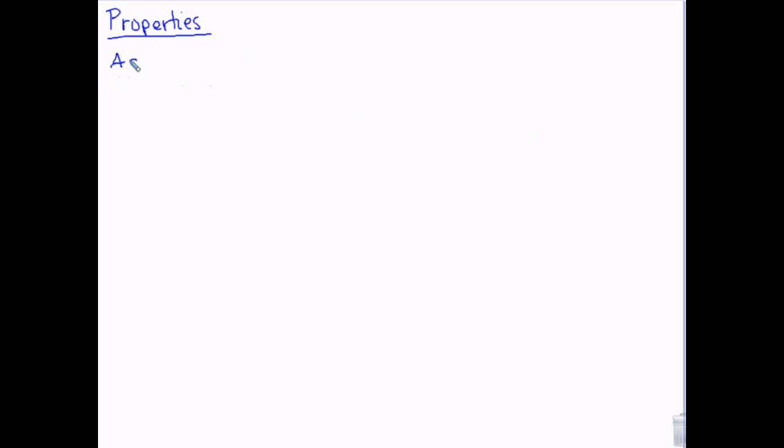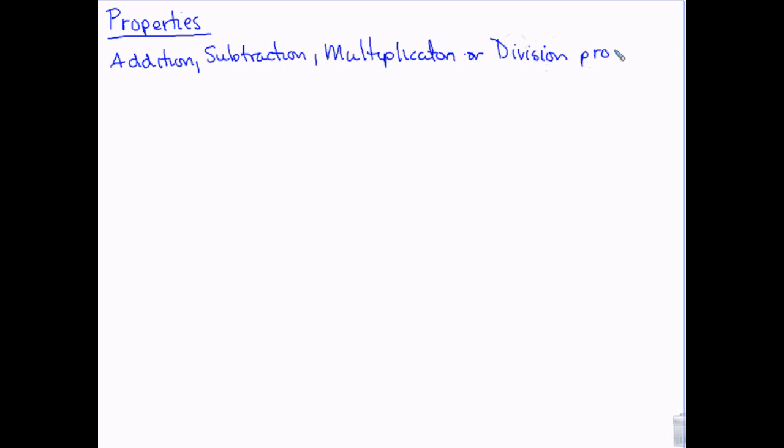All right, so I want to review the properties that we'll be using in the proofs. Okay, you have the addition, subtraction, multiplication, or division property of equality. These are actually 4 different properties, but we'll just list them together.